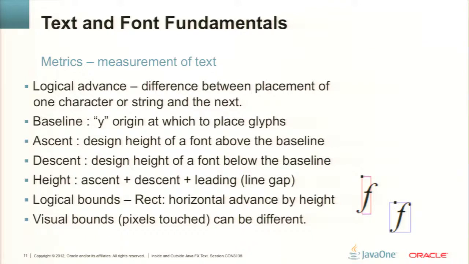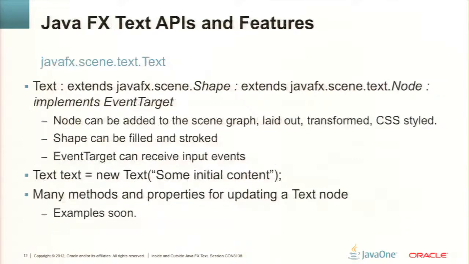But a very different thing, which we'll have some slides on later, is the visual bounds, and that can be quite different. The little images here to the bottom right are intended to show you. The upper one shows what the logical bounds of this italicized F could be, whereas that is completely different from the visual bounds, the actual bounding box touched by the pixels that are rendered.